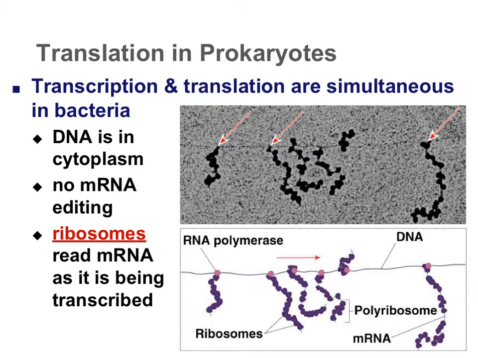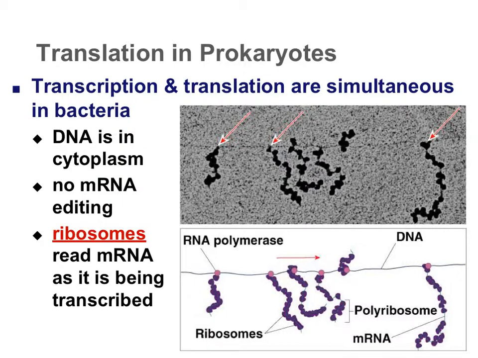So with no nucleus, there's obviously not going to be a nuclear membrane to separate where the DNA is from the RNA. So DNA is going to be found in the cytoplasm in prokaryotes. We don't need to edit the mRNA because we don't have coding regions of RNA and non-coding regions of RNA like we do with eukaryotes.